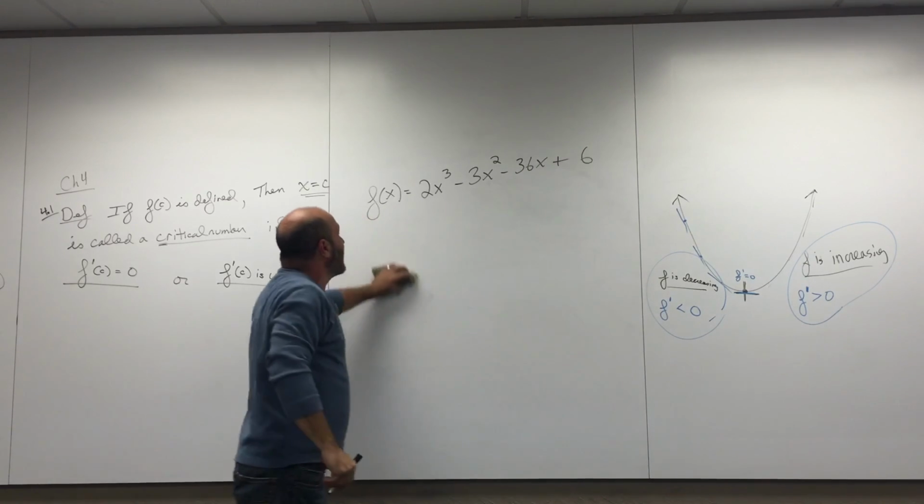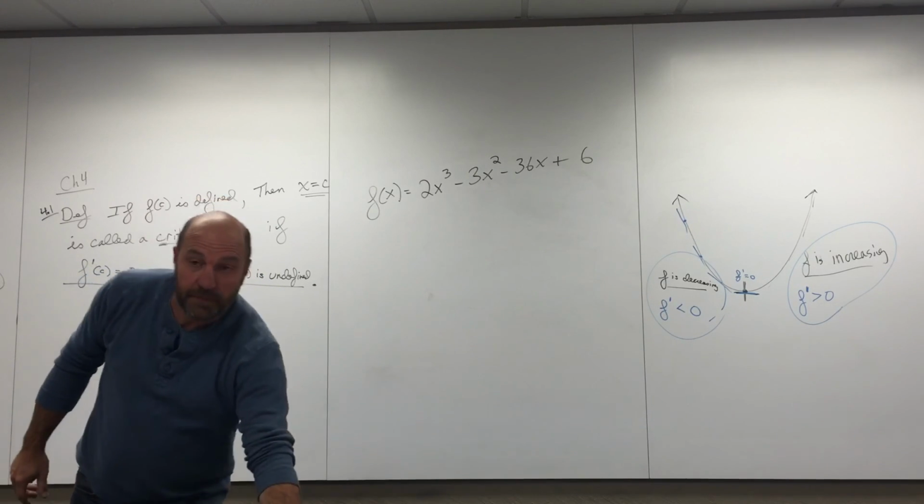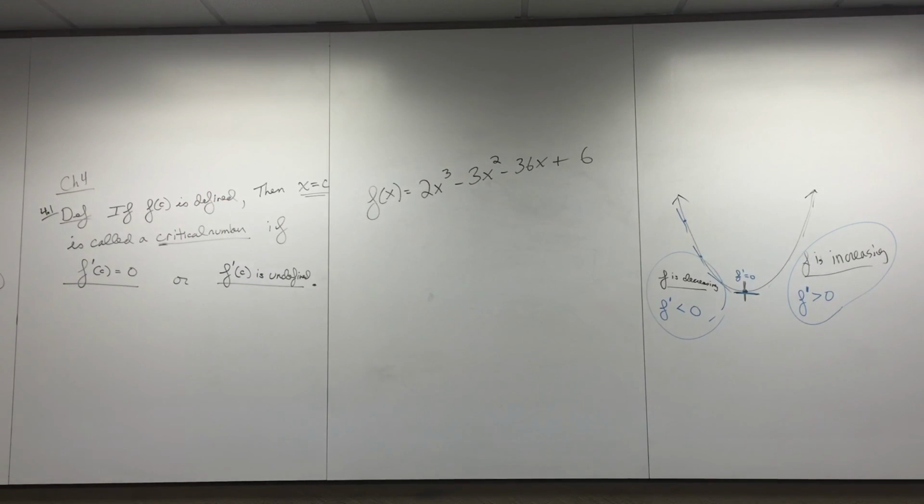All right, good luck. That's a function. Here's what I'd like you to do. Find the critical numbers. I'm going to be right back. I'm going to hit pause on this a second.